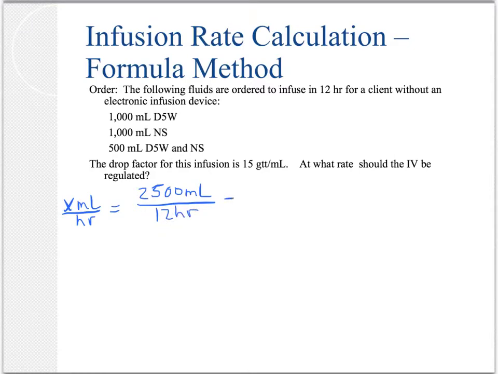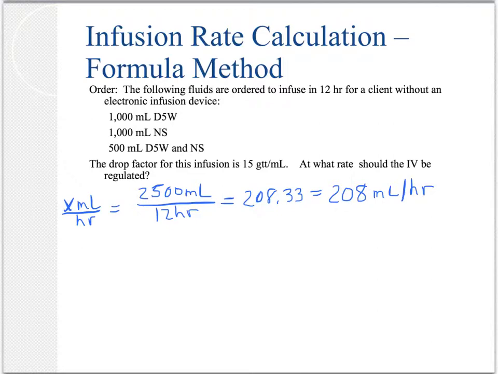When we do the division, we get 208.33, which again we need to round. Looking at our tenths place, we have 3, which is less than 5. So rounding, we are left with 208 milliliters per hour.